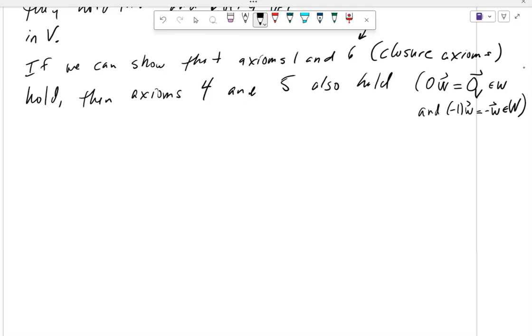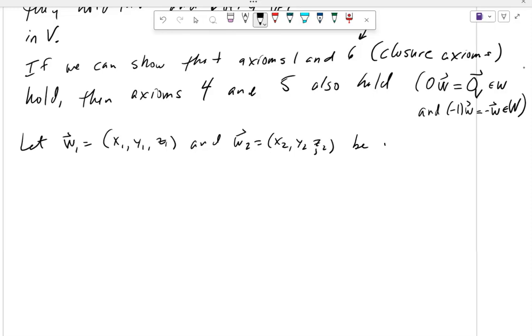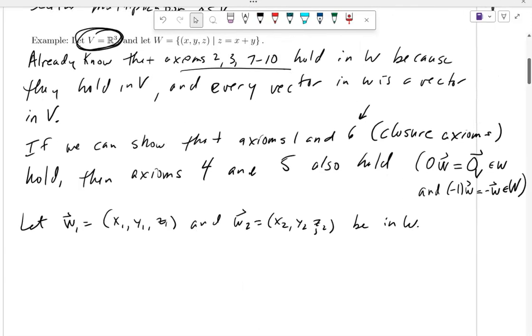All right, so let's start with, I'll call it W1 is (X1, Y1, Z1), and W2 is (X2, Y2, Z2). And we're going to say they're both in W, right? What was the defining characteristic for being in W again?